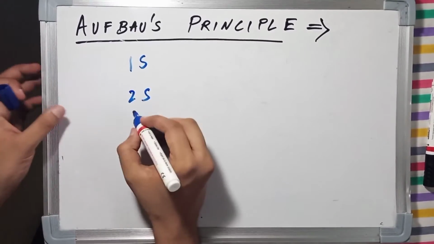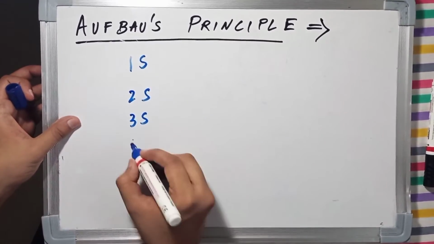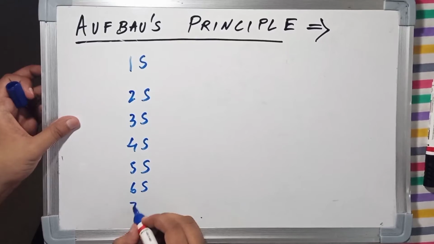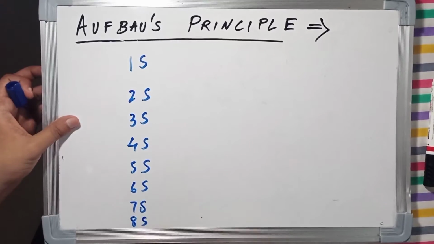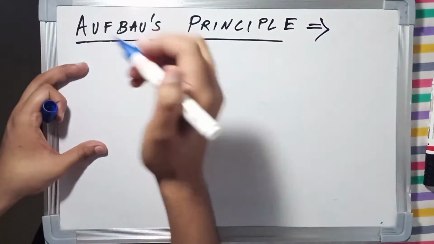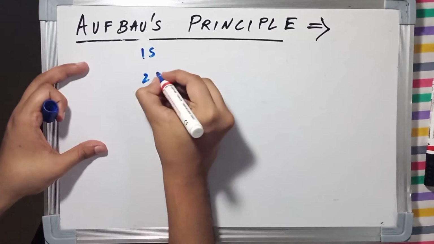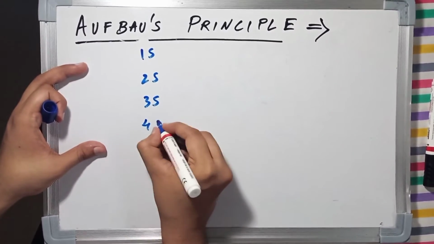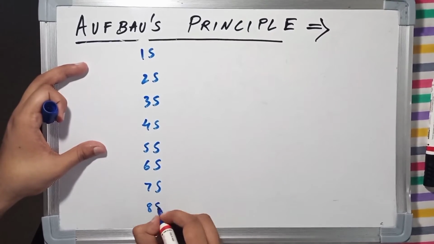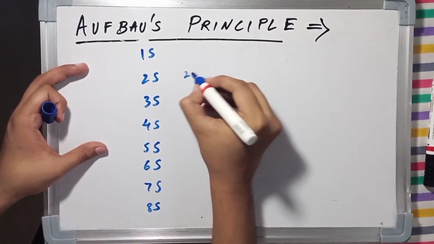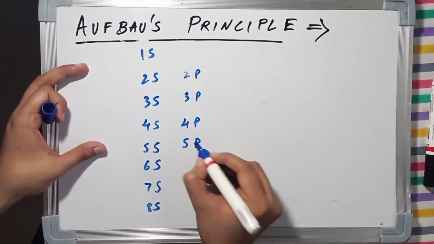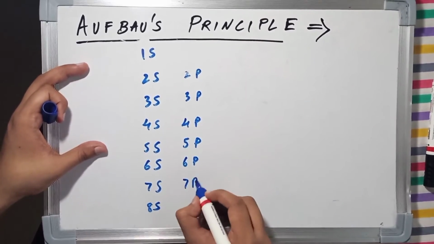Bear with me, I know it seems complicated. 1s, 2s, 3s, 4s, 5s, 6s, 7s, 8s. Now 2p, 3p, 4p, 5p, 6p, 7p.